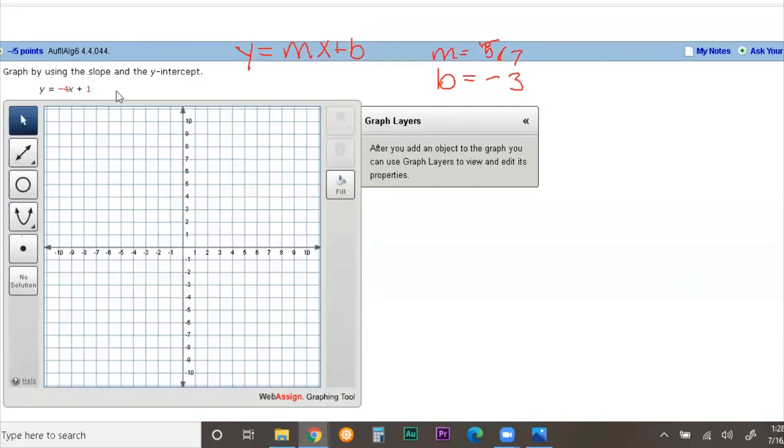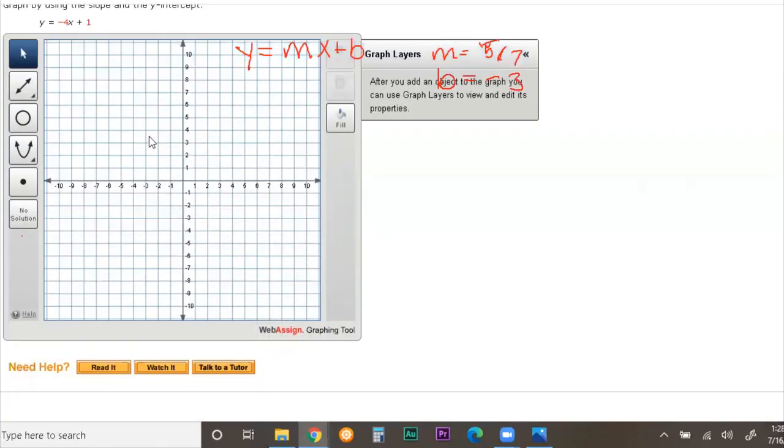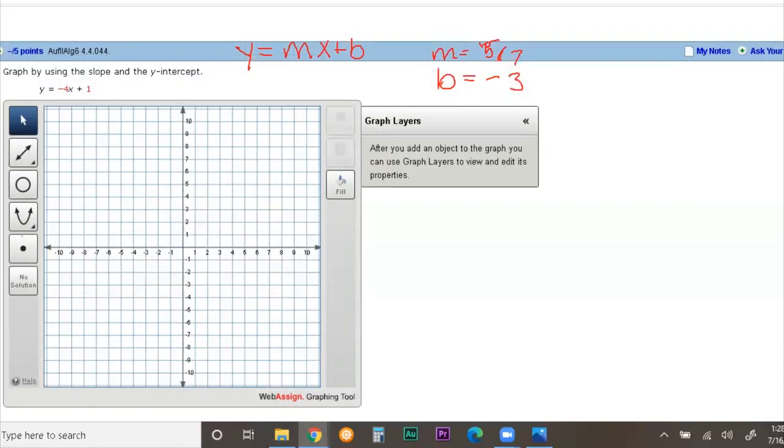Now for this problem, let me show you how we did it in Objective 10. In Objective 10, now that I'm remembering, we talked about the 3 points. So we made a little table with x's and y's. We found the input and the output.